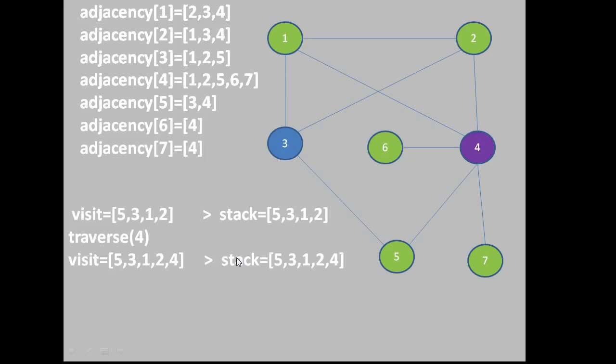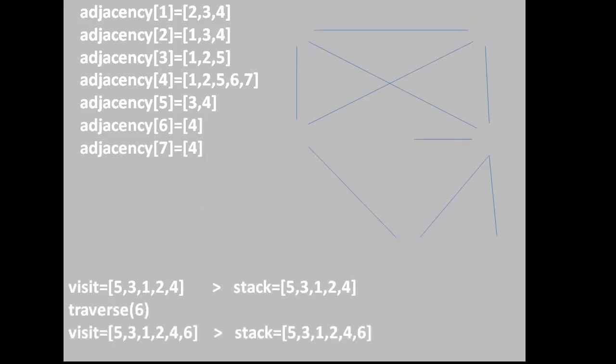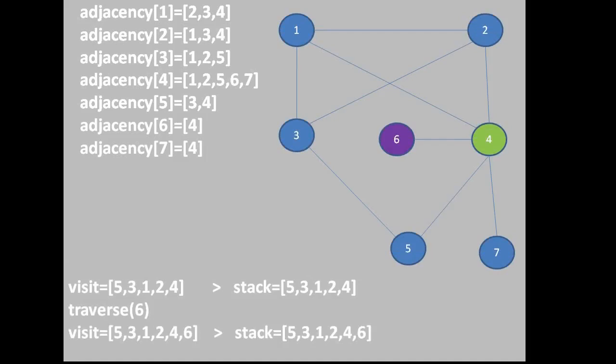So we traverse 6 and we push 6 into visit and in stack. Now the first and only element in the adjacency list of 6 is 4, which is already in the visit.